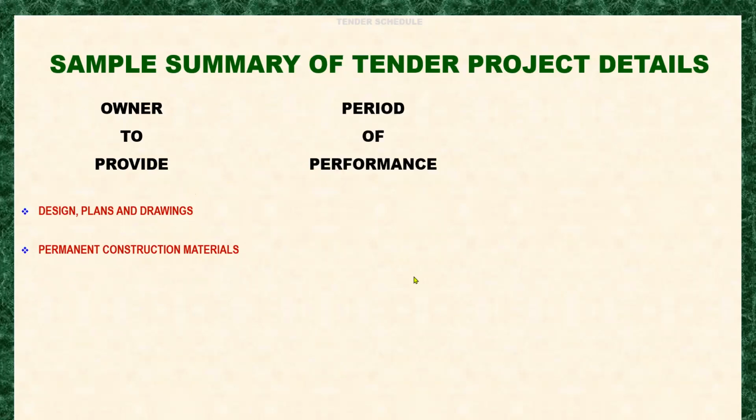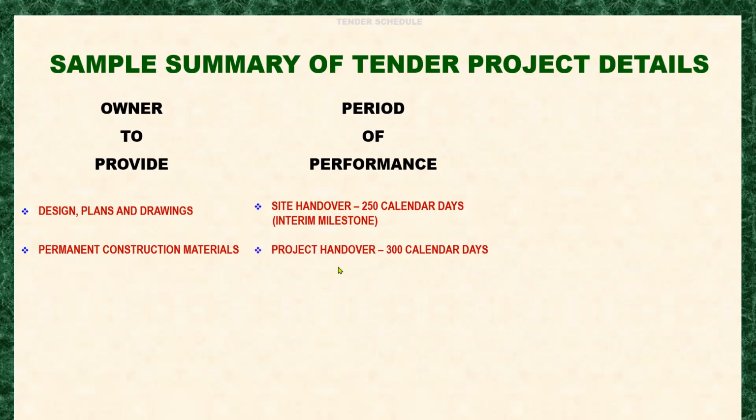The period of performance is to deliver the site within 250 calendar days. This can be considered as an interim milestone because we have to hand over the overall project in 300 calendar days.